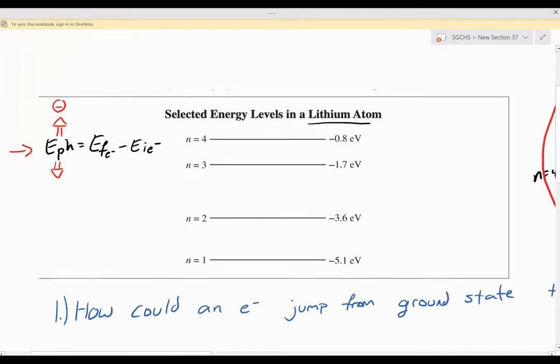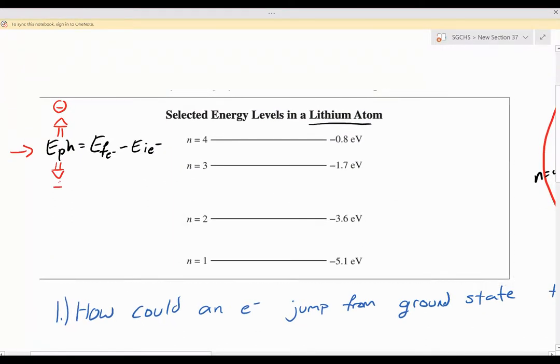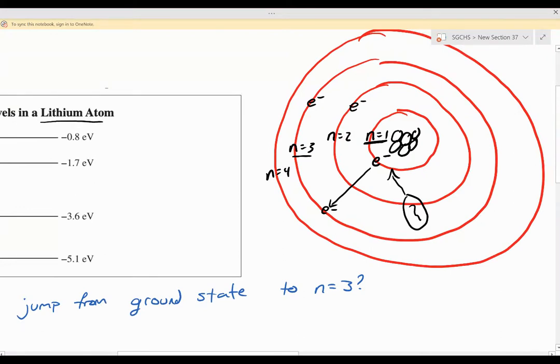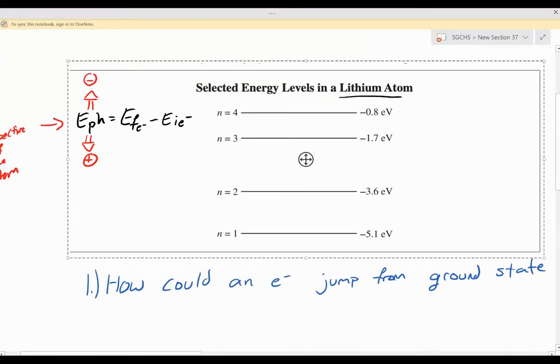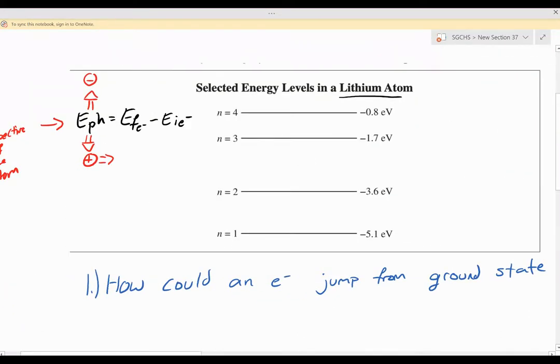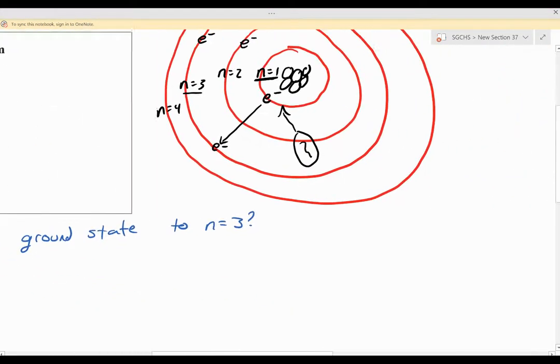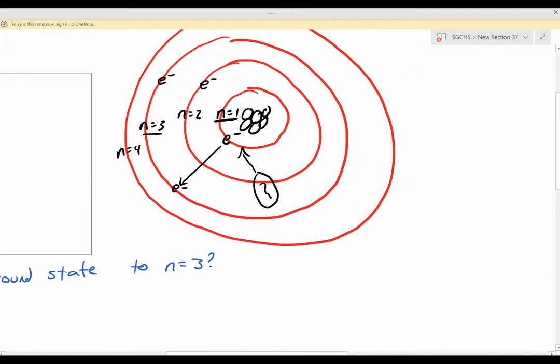So if a photon is absorbed, your atom is gaining energy, so it's going to be positive. So this is when something's absorbed. Your atom is gaining energy, so it's going to be a positive energy added into the system, and your system being the atom itself. If something is emitted, that occurs when you jump from a higher energy level to a lower energy level.